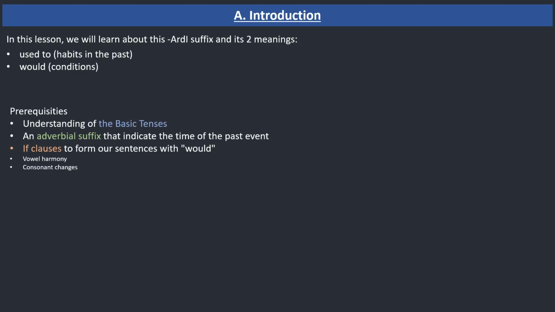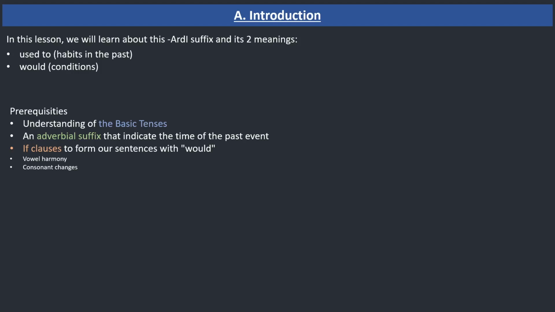As usual, we will remember the basic tenses, and then I will show you another adverbial suffix, one of those suffixes that we use in a sentence to explain in which manner something is performed. We could also remember one of the if clauses, and of course there will be vowel harmony and consonant changes as usual.